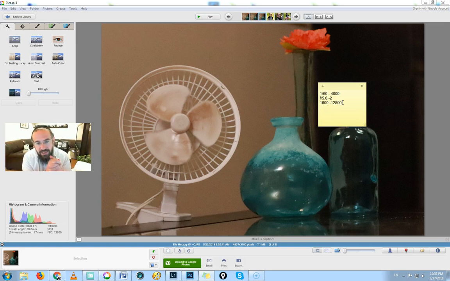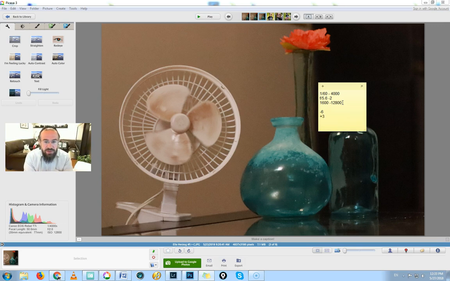So from a 60th of a second to 4,000, we go 1/125th, 250, 500, 1,000, 2,000, 4,000. That's minus 6 stops. Okay, from 5.6 to f2, we go 5.6, f4, 2.8, 2, that is plus 3.